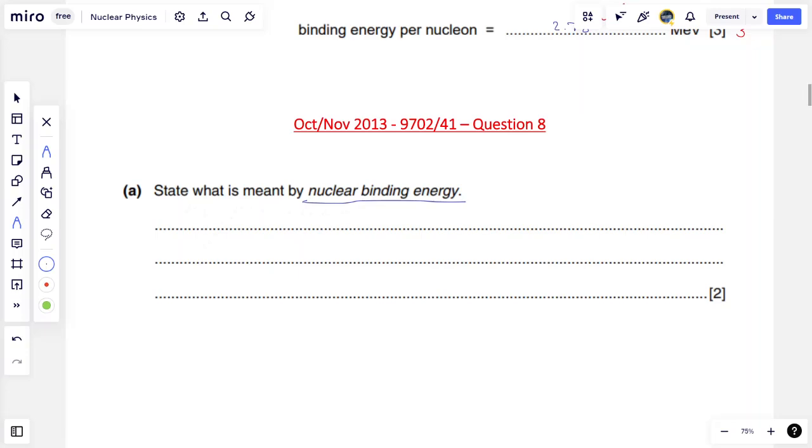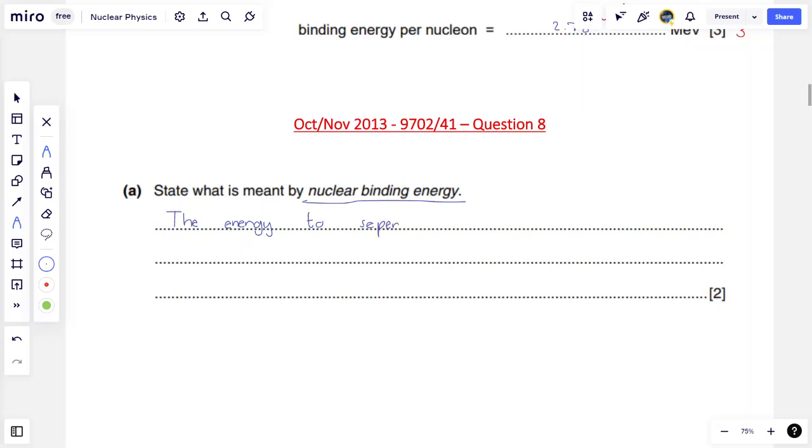And if you go back to your textbook, you have a very good memory, as you should, if you're studying physics. It's the energy that is required to separate the nucleons.